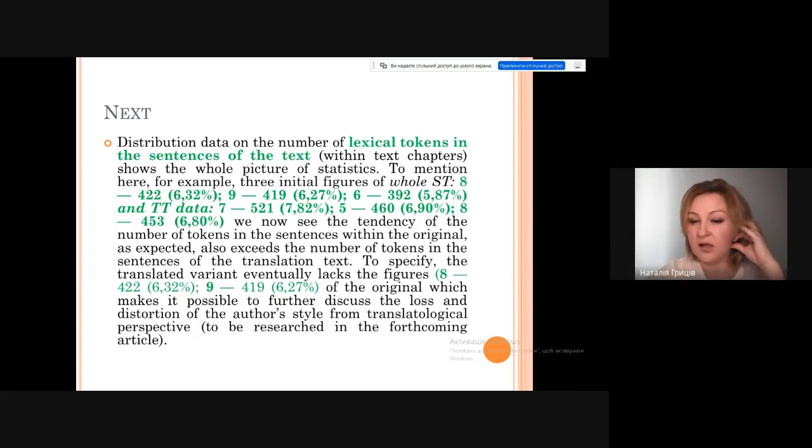The idea is whether this deviation is caused by differences in the languages, because we do happen to know that English and Ukrainian are not related languages. So is it the structure of the language that influenced this discrepancy, or was it the translator's choice?